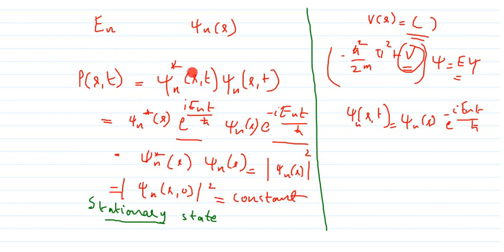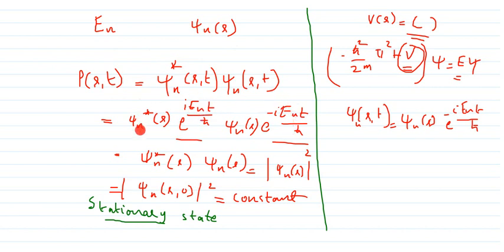Apply the value of psi n star, that means psi n star of r into the complex conjugate of the exponential, because we have to take psi star here. So it becomes e raised to i E n t by h cut, and psi n of r comma t is the normal wave function. You can see these two exponentials get cancelled.